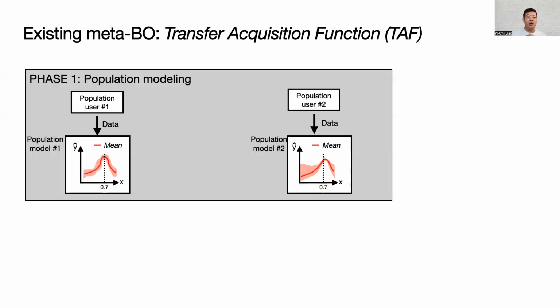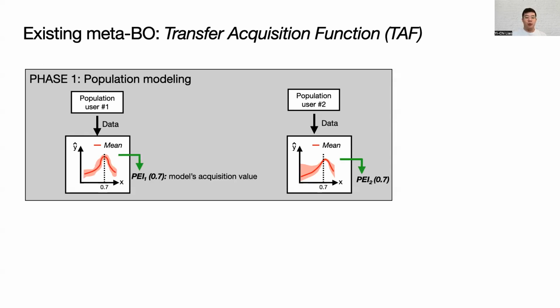Instead of just relying on the model of the current user, TAF takes prior experience into account. In the first phase, before deploying our approach on the end user, the developer runs optimization on a group of users. We call this user population users, which will give us a group of population user models.